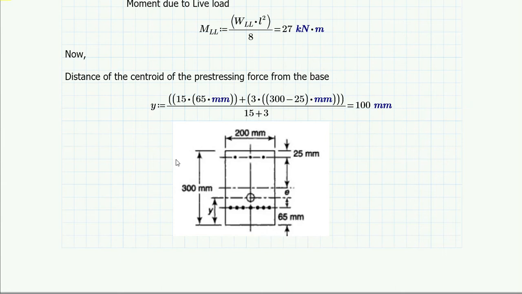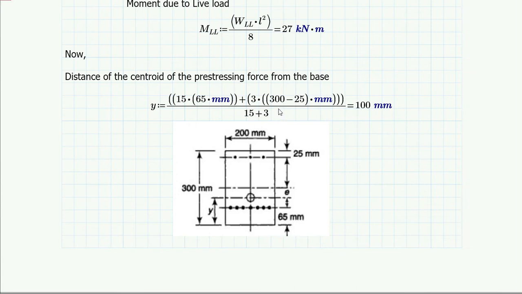So for that, let's find out the distance of the centroid of these tendons from the base of the section, which is given by y equal to 15 into the distance of these tendons from the base, that is 65 mm, so I will multiply 65 mm with that, plus how many tendons are there at the top, we have 3, so 3 multiplied by the distance of these tendons from the base, this is 300 minus 25, divided by the total number, that is 15 plus 3, that is total 18.